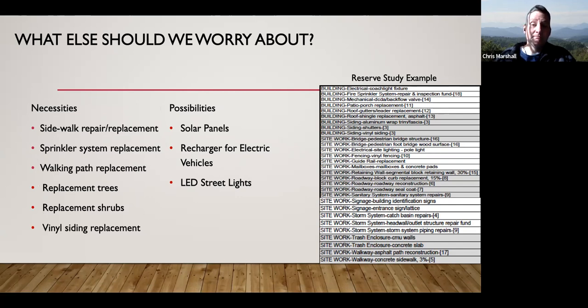And there may be some mandates that come down from the state that we need to think about, such as a mandate that we put solar panels on our roofs in order to save energy. There may be a mandate for recharging for electric vehicles, and similarly, more efficient LED streetlights.